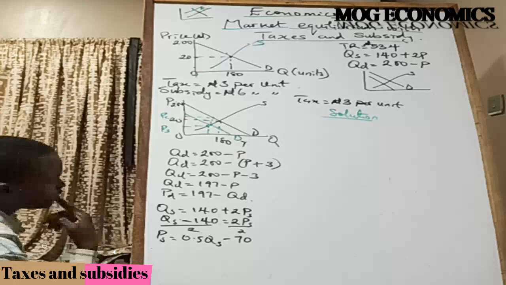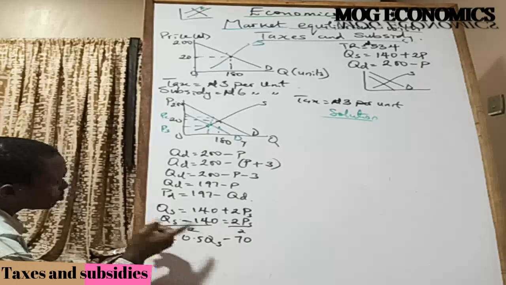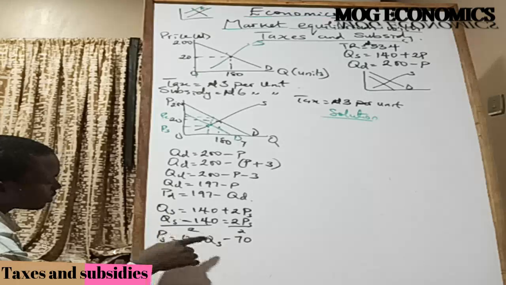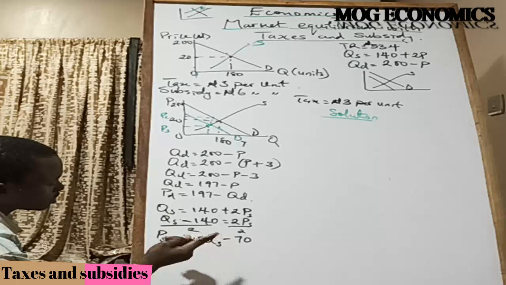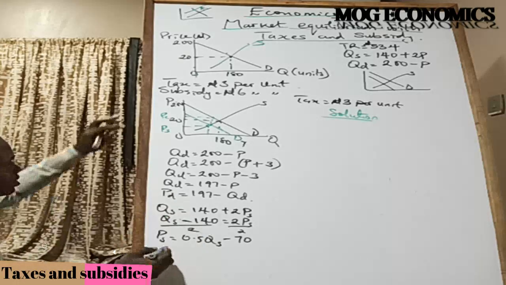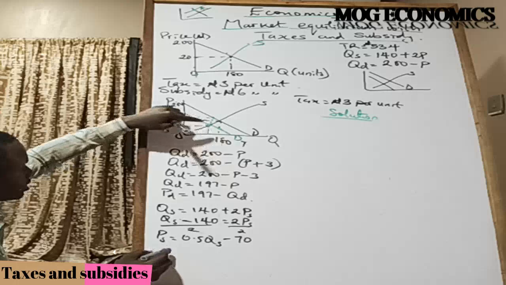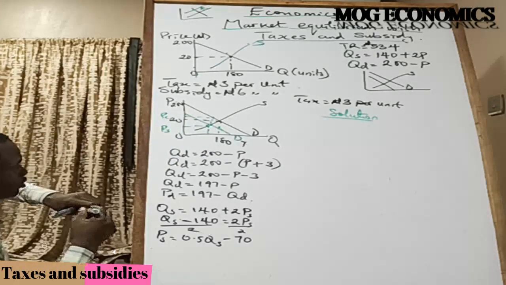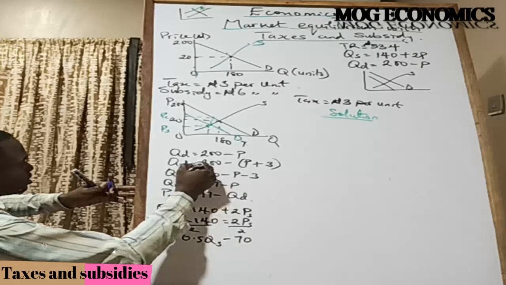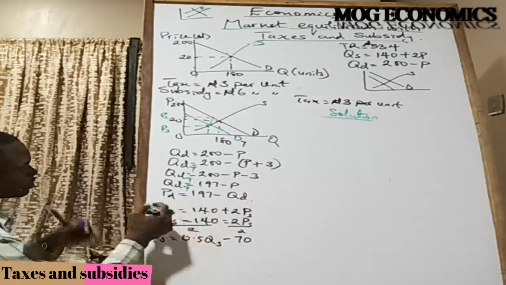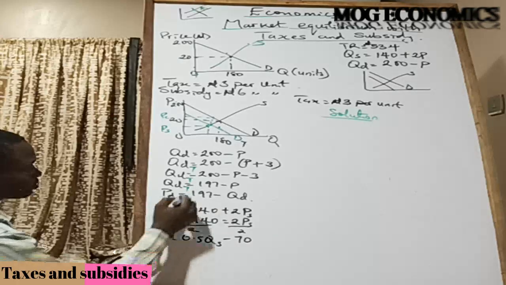Okay, I think we did it for QD. So divide through by 2. This is 0.5 QS, this 70. So what we'll now do is we equate the two, PD and this PS. The PD after tax, I could call this QDT because we've included the tax, and then PDT.